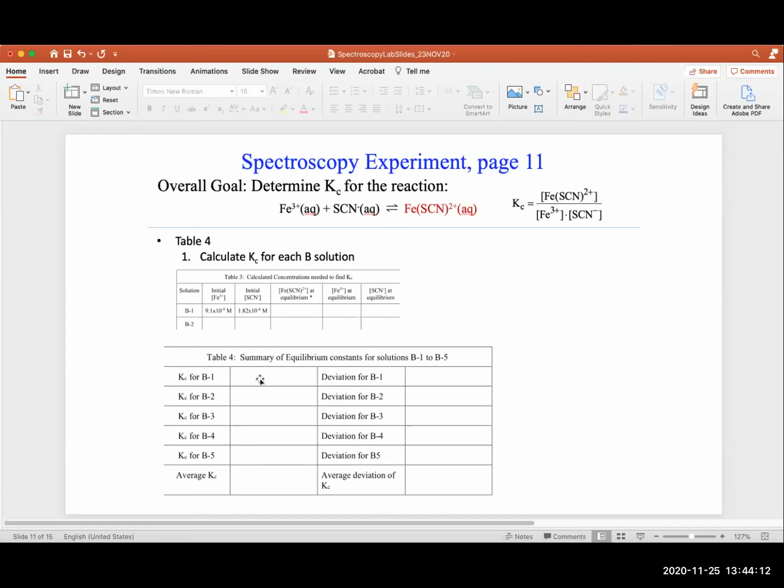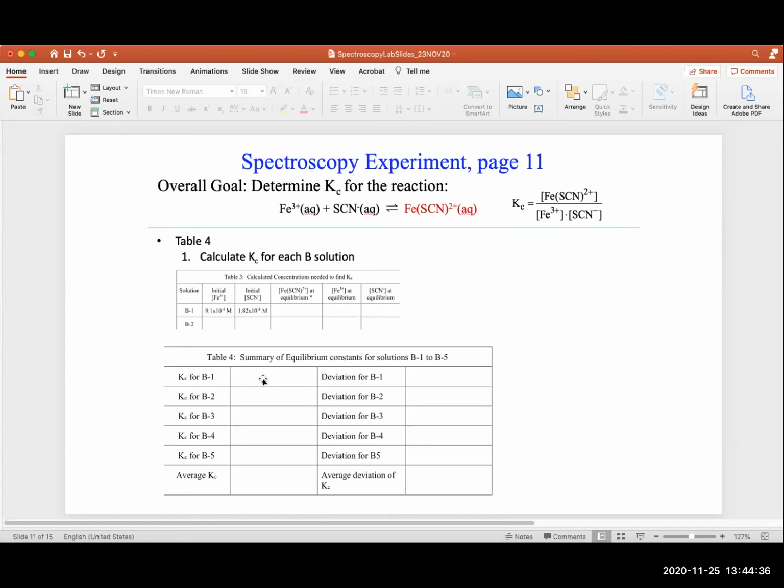What is capital K? It's an equilibrium what? Constant. Right, it's an equilibrium constant, which is a constant for a given reaction at a given temperature. What does that mean?